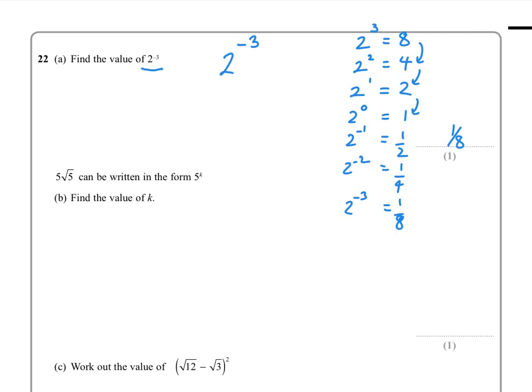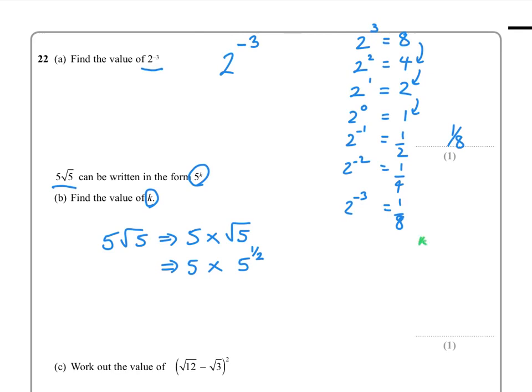It says 5 root 5 can be written in the form 5 to the power of k. Find the value of k. Now, if we write this as 5 multiplied by the square root of 5, then square rooting is the same as writing to the power of a half.